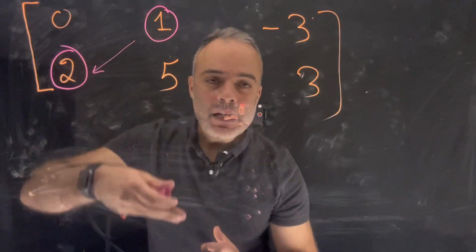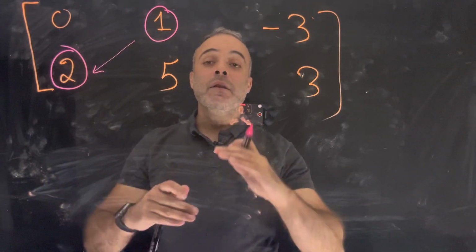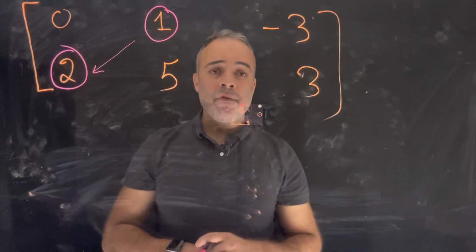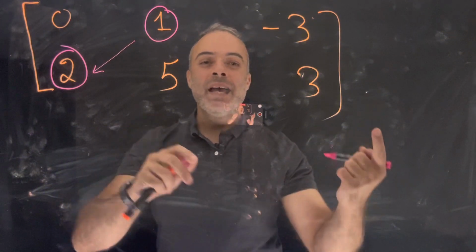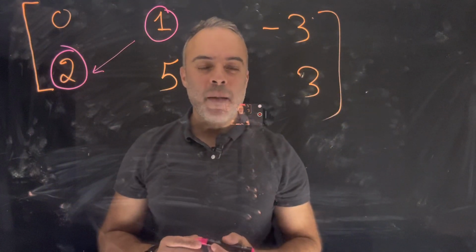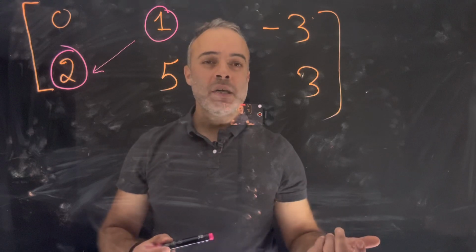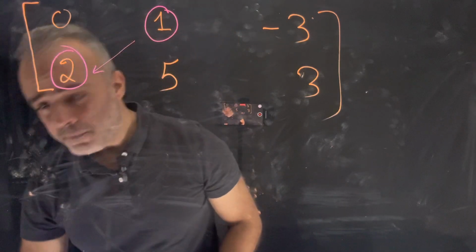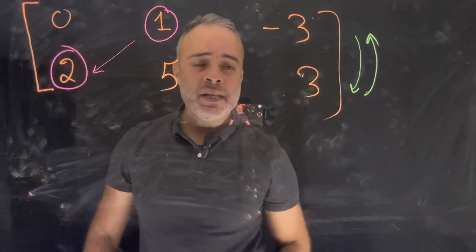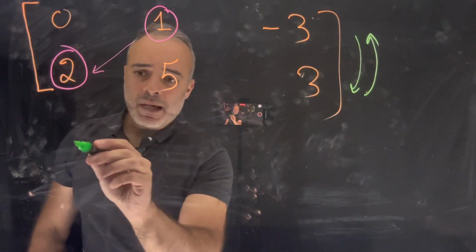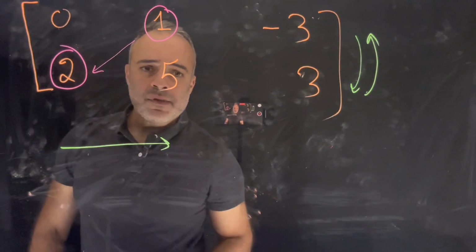But can I make it look like REF? Can I convert it into the REF or into an REF? The answer is yes. How? Again, using elementary row operations. What do I do here? Well, I can simply interchange these two rows, right?